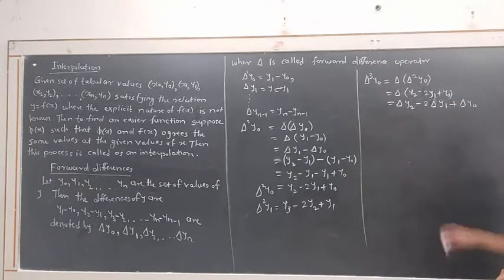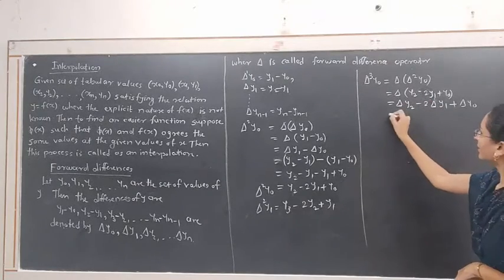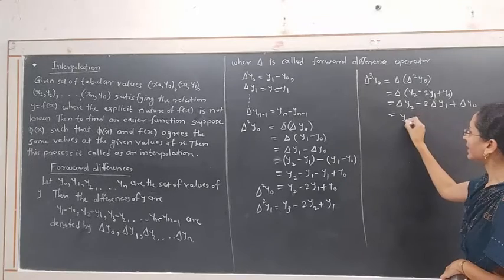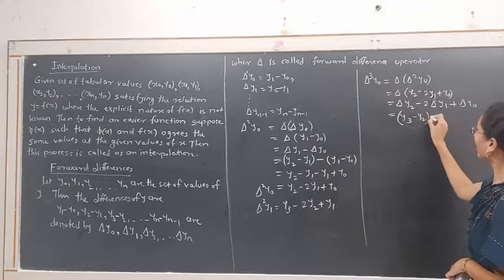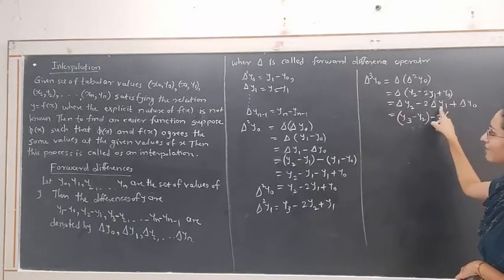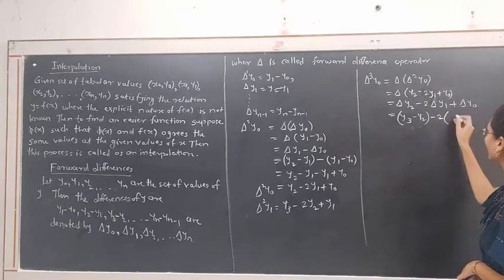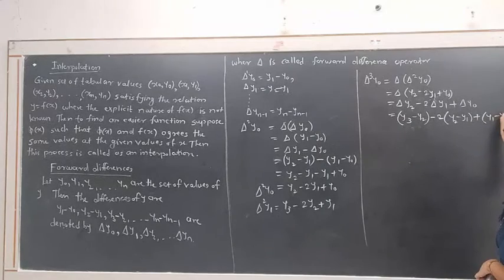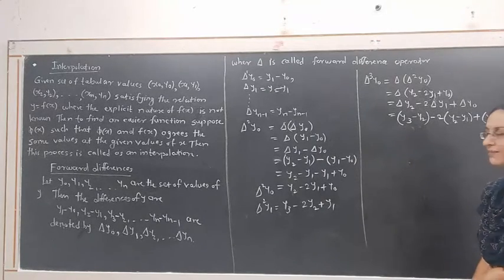because of distributive law. This is equal to del y2, whose value is y3 minus y2, minus 2 into del y1, whose value is y2 minus y1, plus y1 minus y0, which is the value of del y0.